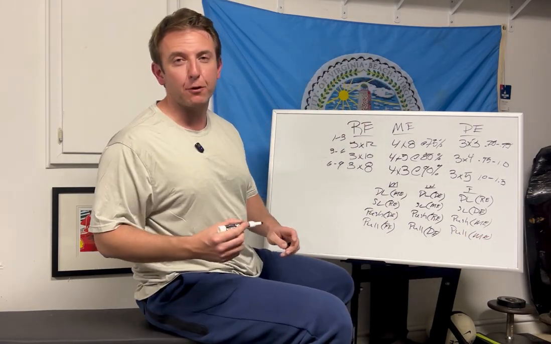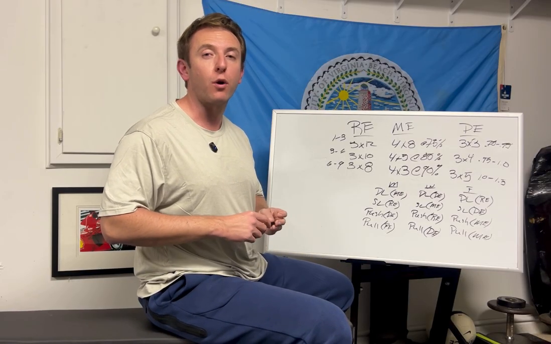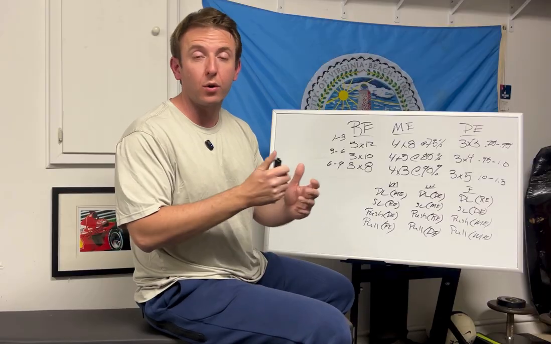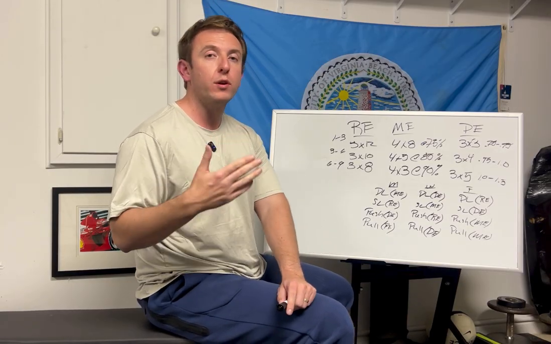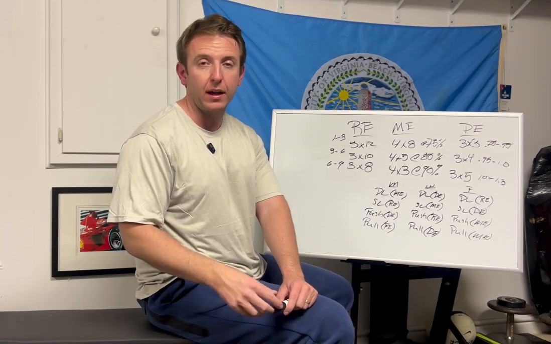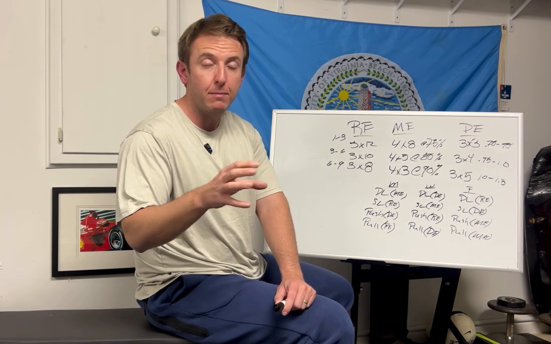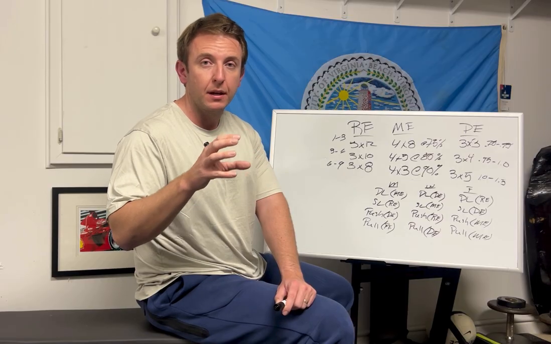Now max effort pulls, what I've really liked to use for our max effort pulling program is weighted pull-ups, or unweighted or assisted. Pull-ups are really, really hard, or chin-ups, either variation. Both are really challenging for people to do, especially females, who have a real challenge with pull-ups and chin-ups.